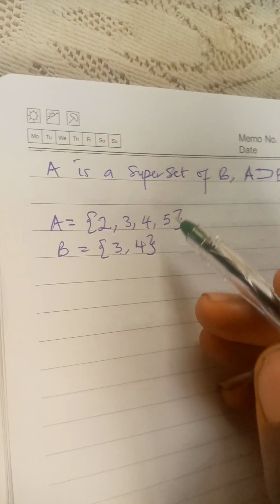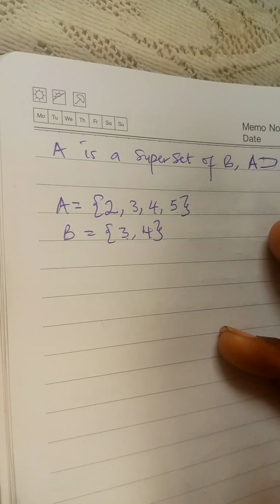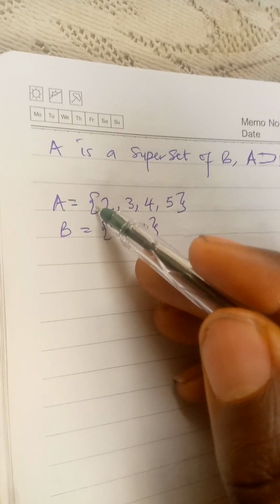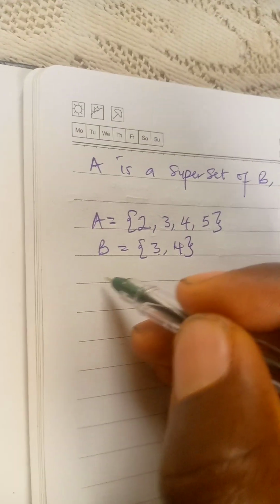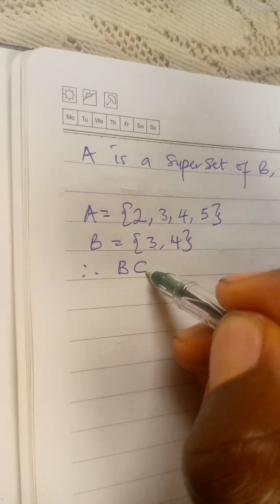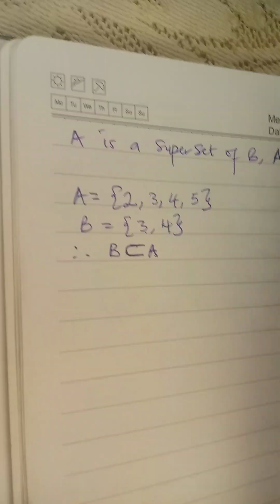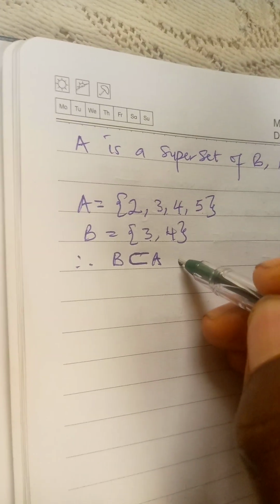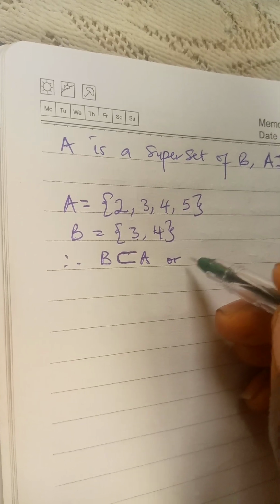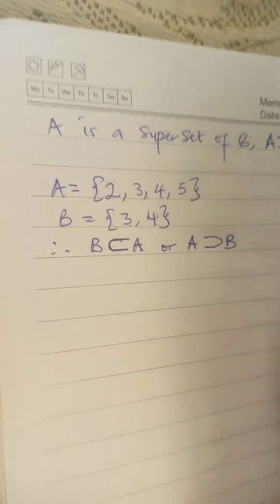So 3, 4 can also be found in set A, which means that B is a subset of A. Therefore I can now say B is a subset of A, or I can say A is a superset of B.